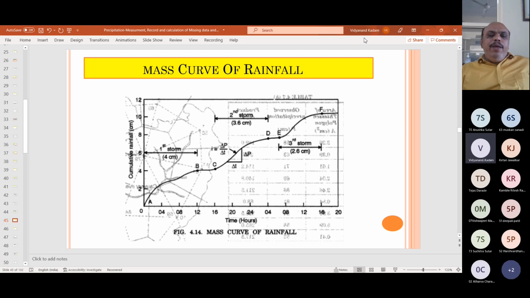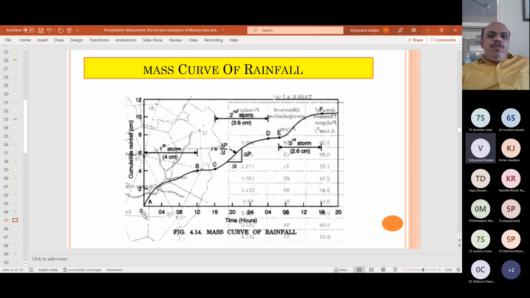See, for point B on the y-axis, this value is 4 centimeter. So the first rainfall session, the first storm, yields 4 centimeter of total rainfall. So from this graph, storm wise, we can find out the total rainfall.